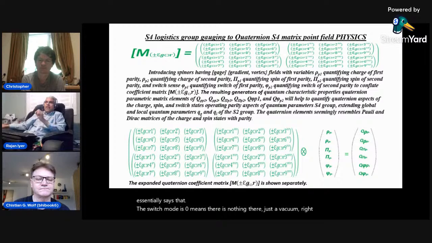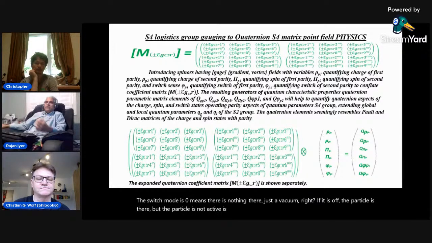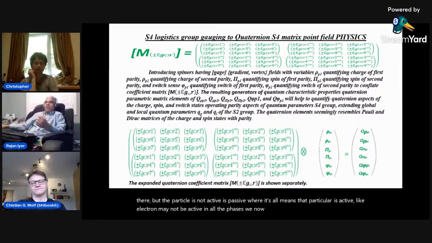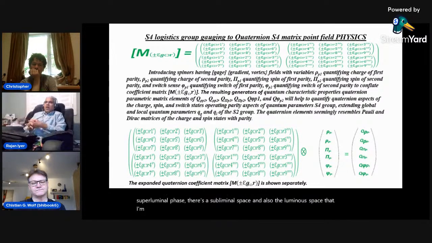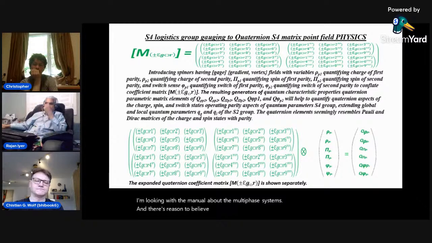If it is off, the particle is there but not active, it's passive. When it's on, that means the particle is active; an electron may not be active in all the phases. We now think there are 3 phases: a superluminar phase, a subluminar phase, and also the luminar phase, which I'm working on with Emmanuel about multi-phase systems. And there's reason to believe all 3 phases are there.